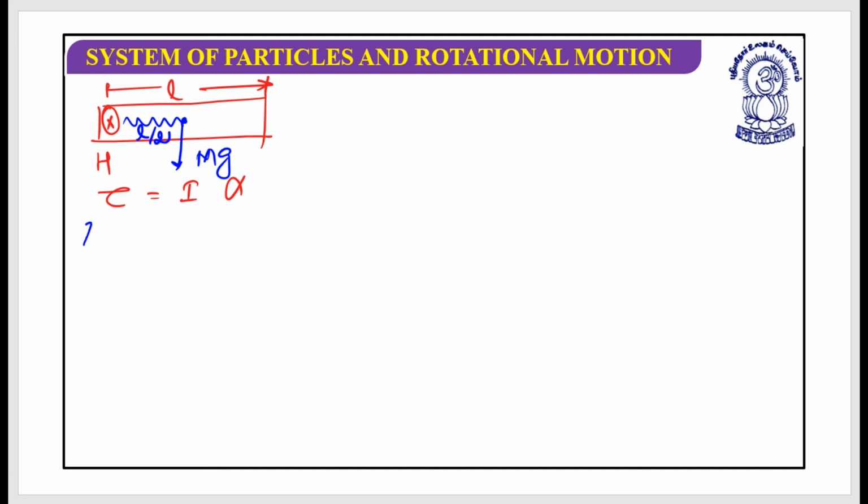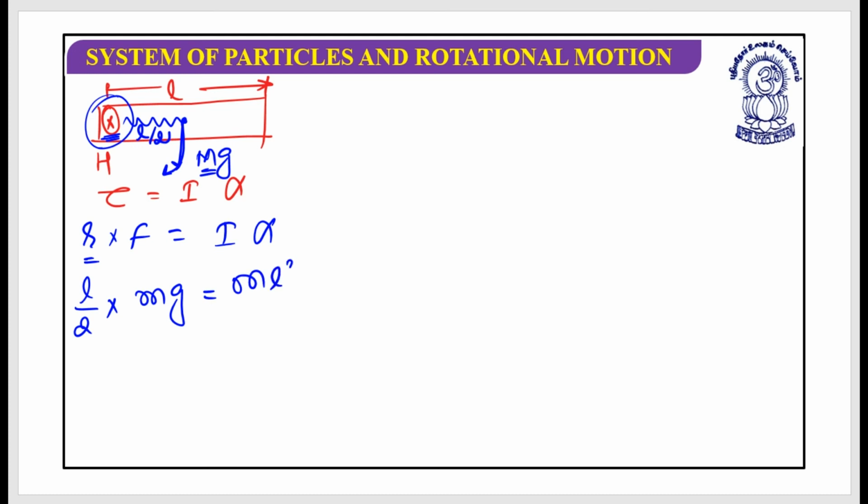The torque, r cross F, should be equal to I alpha. The perpendicular distance is L by 2, and the force is m into g. That should equal I alpha. Now, the rod rotates about the hinged end point, so the moment of inertia is ml squared by 3, multiplied by alpha.